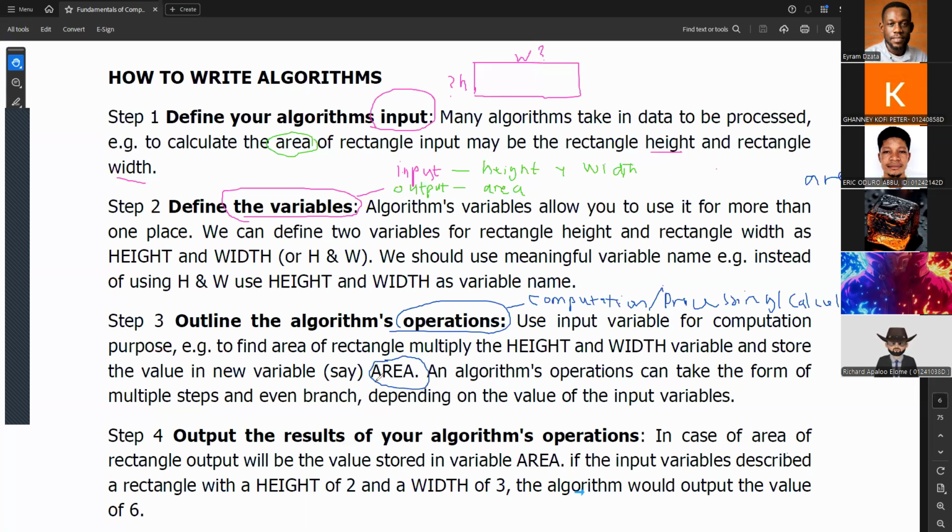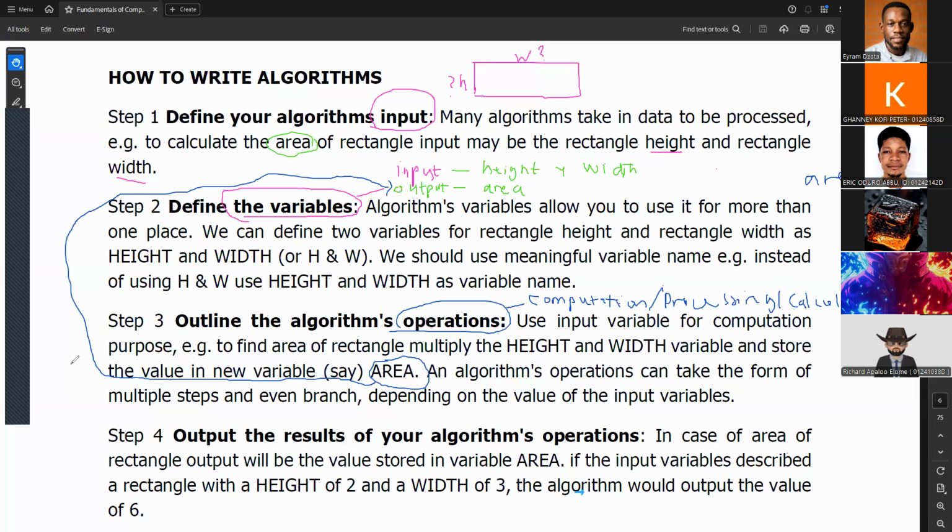This new variable area is what we described here as our output variable. It is going to store your computation of height times width.